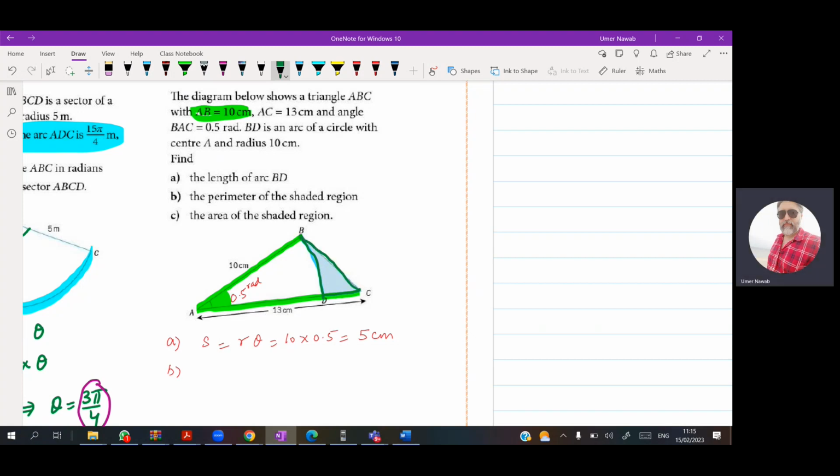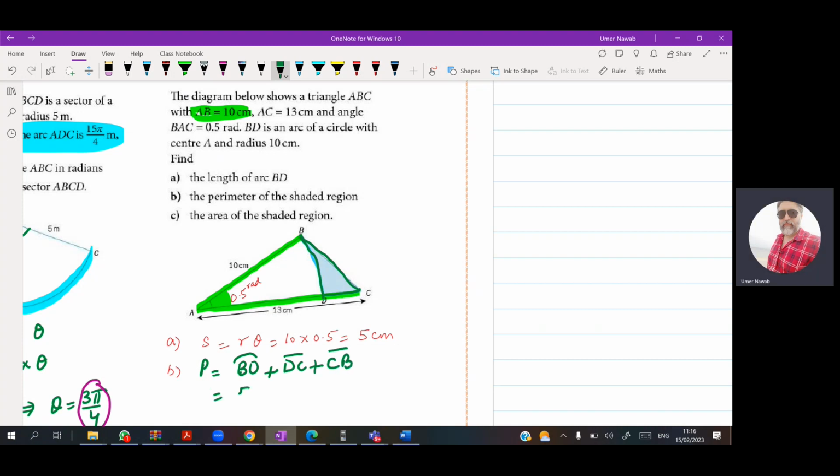So there are three things, sides and curves, you need to add to get your final answer. So I'm going to find the perimeter: BD arc, DC, and CB, a straight line.